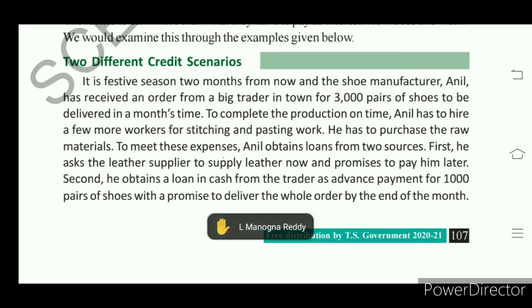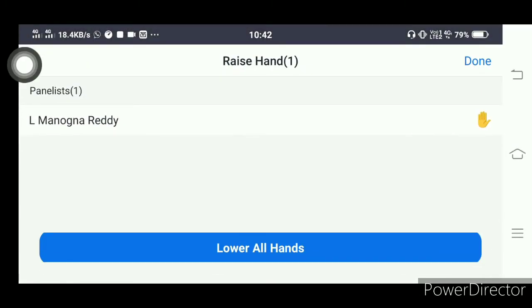So here manufacturer Anil has received an order from a big trader in the town for producing 3,000 pairs of shoes to be delivered in one month's time.